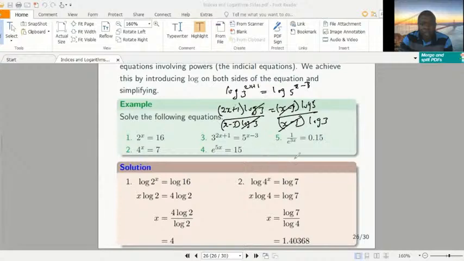What am I left with? 2x plus 1 over x minus 3 is equal to log of 5 over log of 3. Use your calculator to find these points. Once you have this, you can use your knowledge to find the value of x by cross multiplication and making x the subject of the formula.